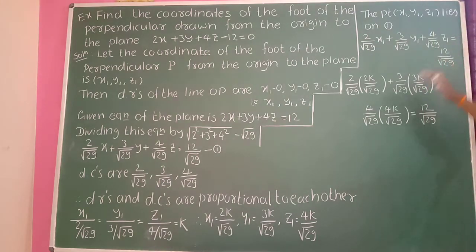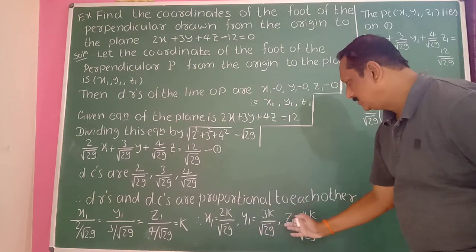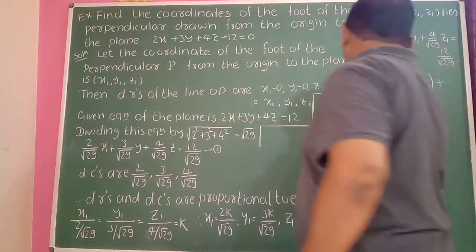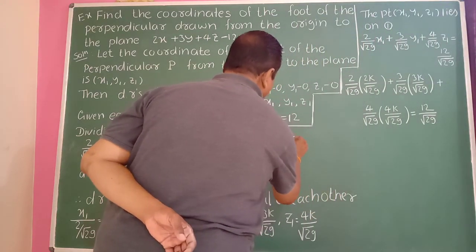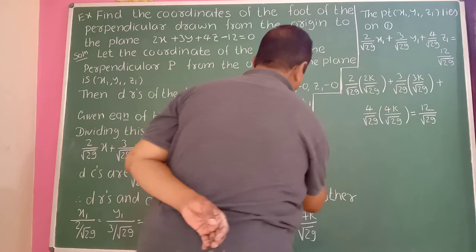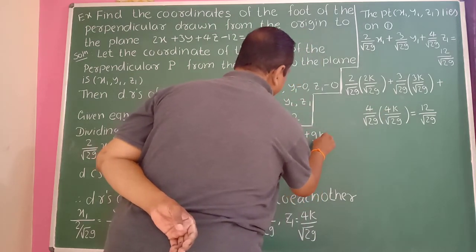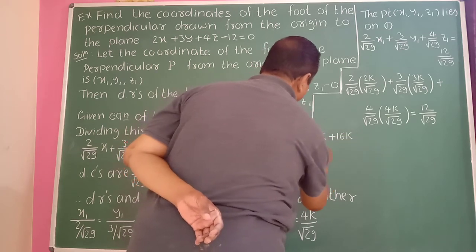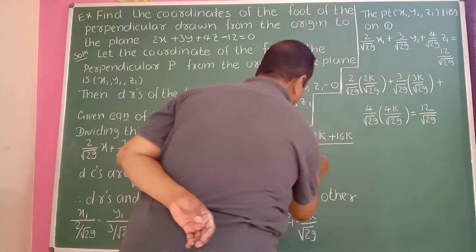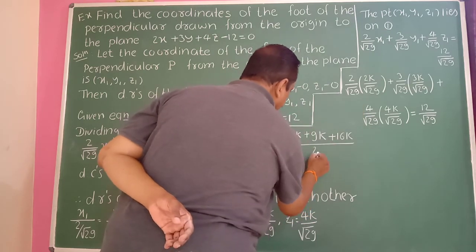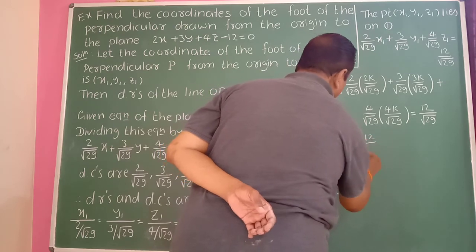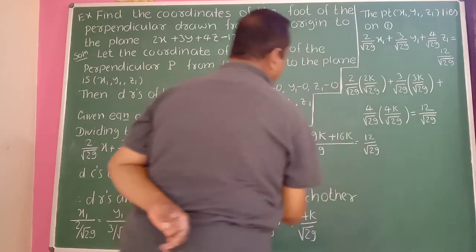But x1 is this, y1 is this, z1 is 4k by root 29. Here 2 2s are 4k, then 3 3s are 9k, and 4 4s are 16k divided by root 29. Root 29 is the LCM here, so the square root and square cancel, and we get only 29, equal to 12 divided by root of 29.